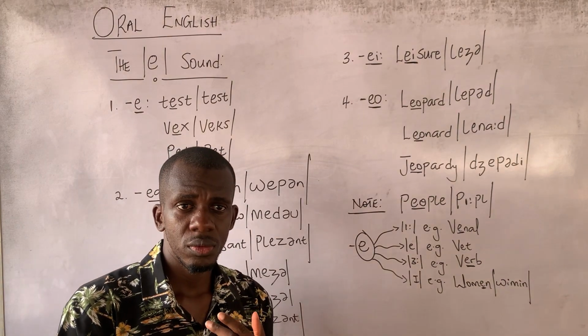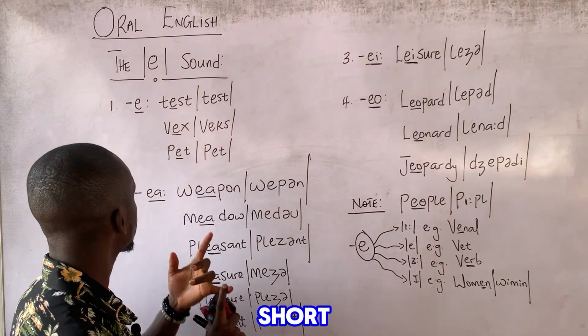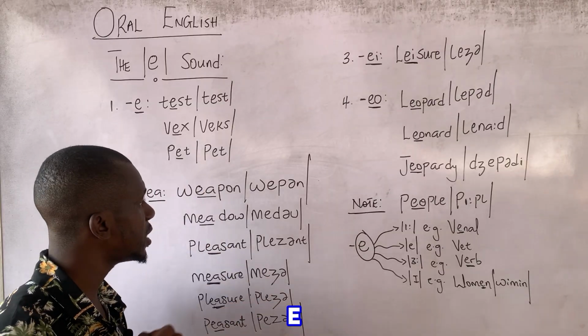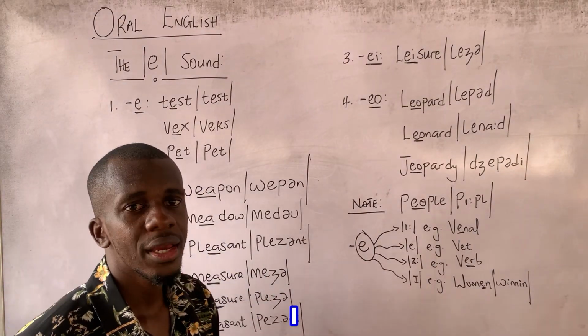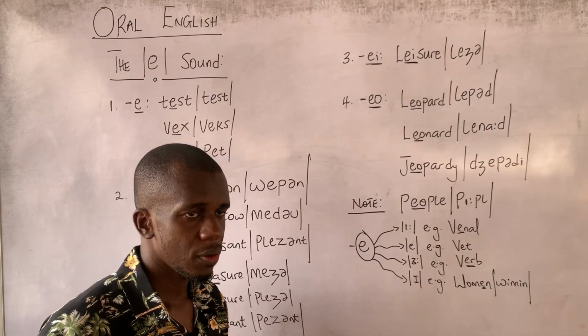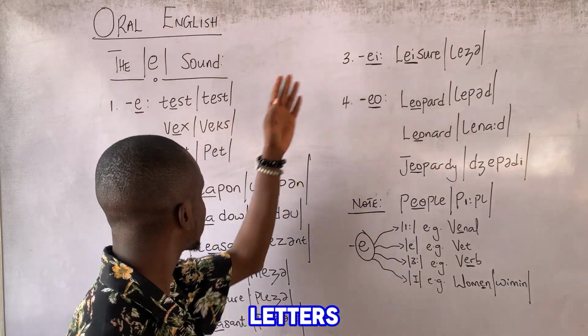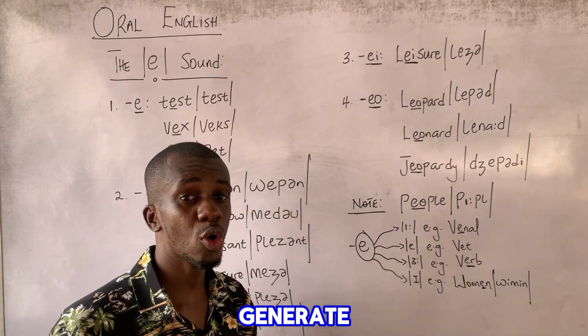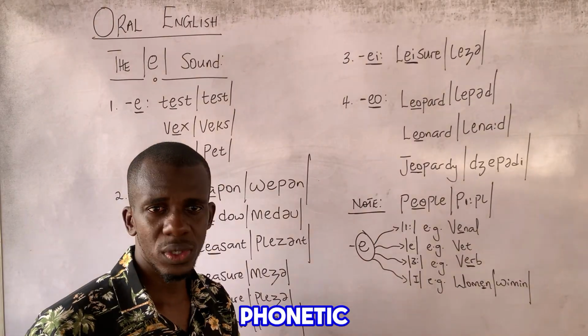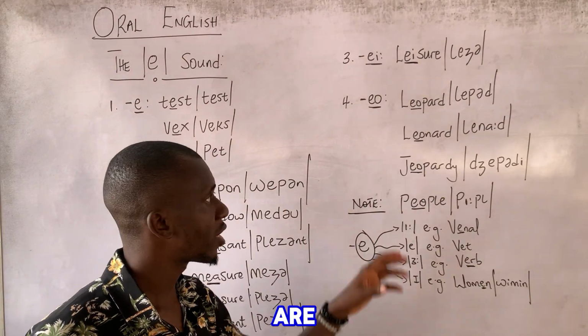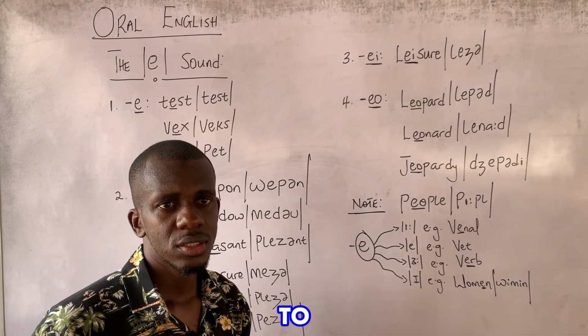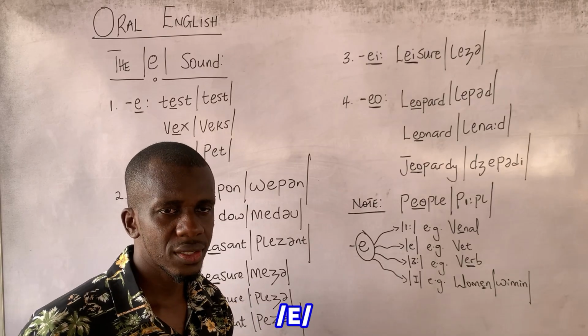So we find the short air sound in letter E, in letters EA, in letters EI, and in letters EO. And please, these letters may generate other sounds in the phonetic system. They are not just fixed to the short air sound.